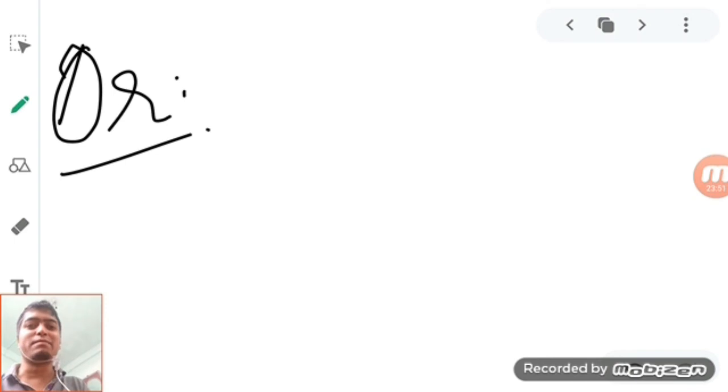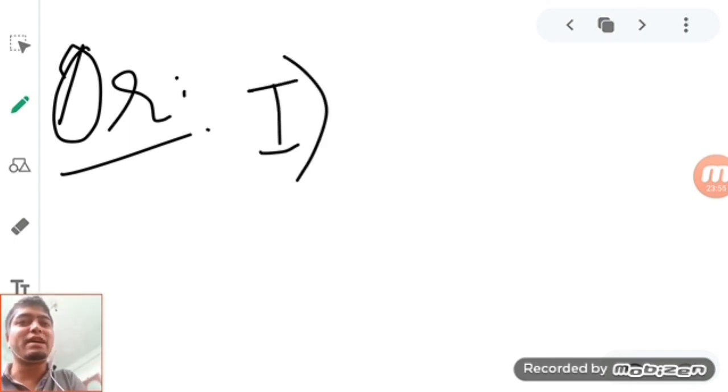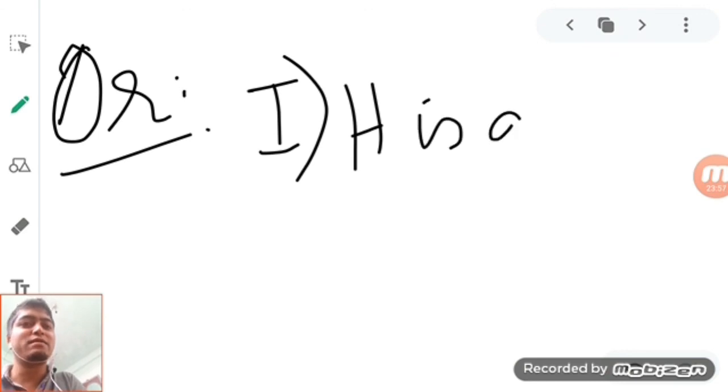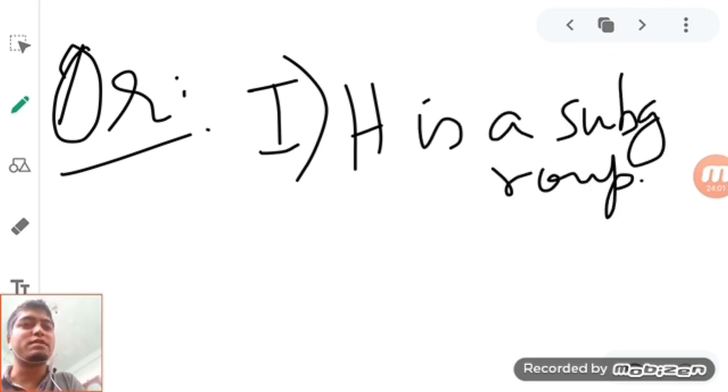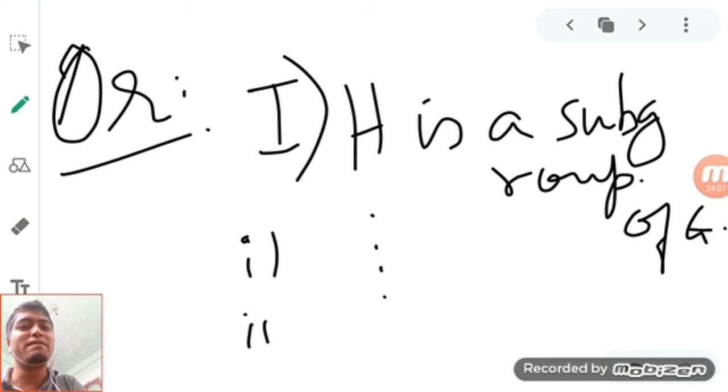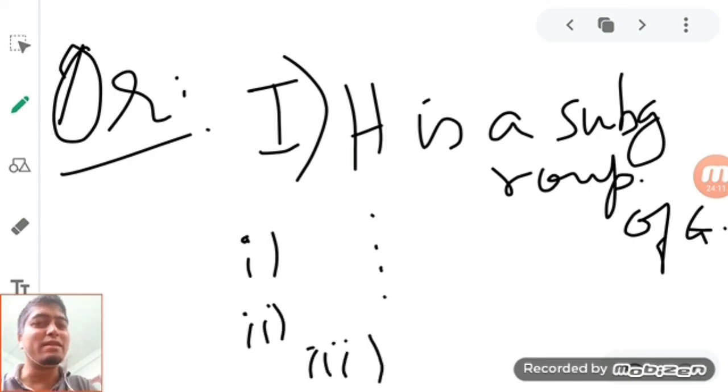For that example, H with even integers, the first thing we show is that H is a subgroup of G. For this, you can follow all the steps 1, 2 and 3, and then you will get that H is a subgroup of G.